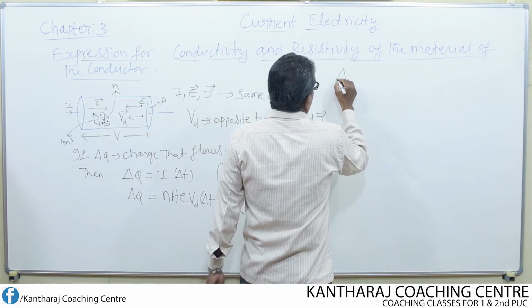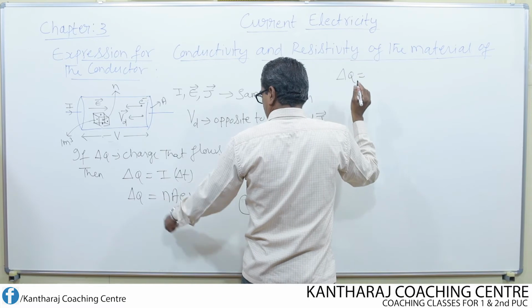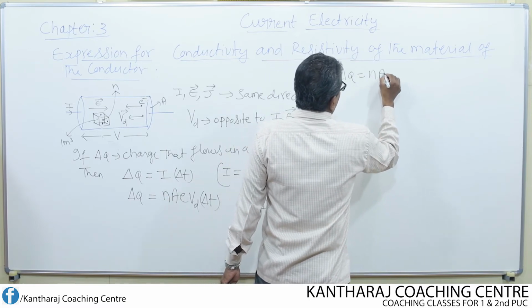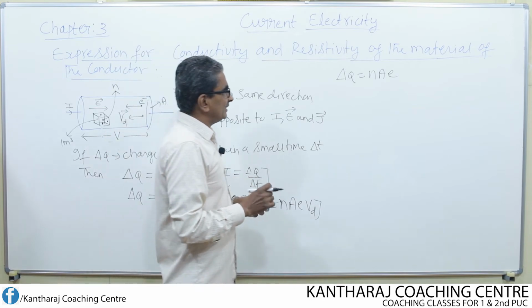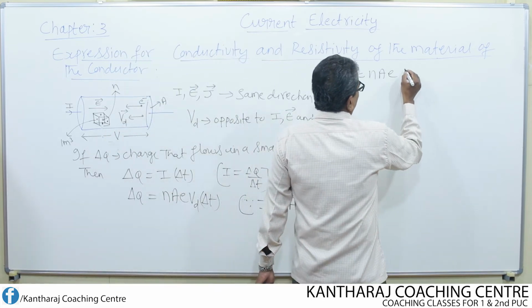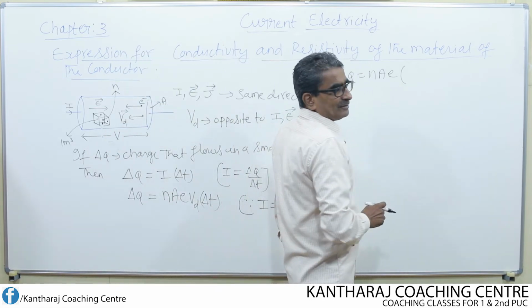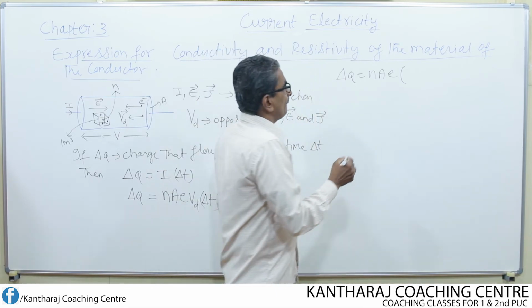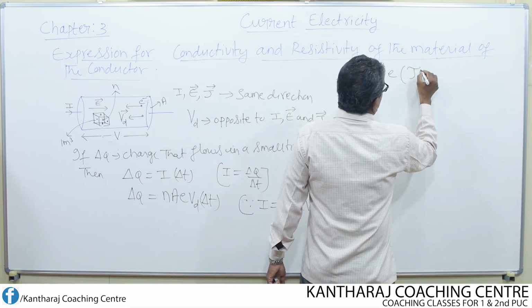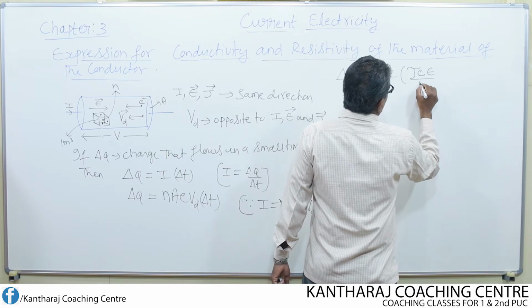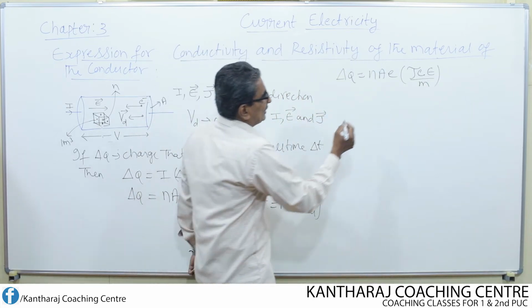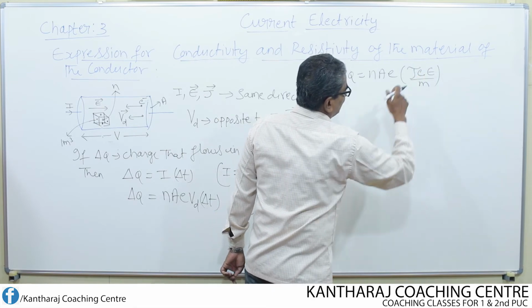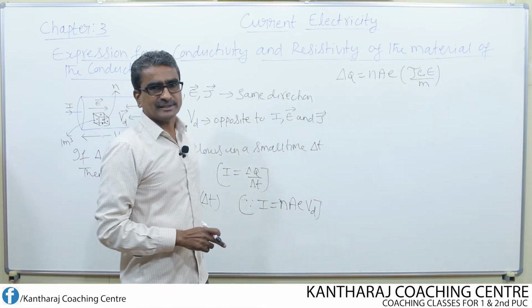Let us once again write like this: delta Q is equal to NAE, and for drift velocity I write the expression tau E into E by M, neglecting the negative sign. Actually it is minus, but I consider only the magnitude of the drift velocity.